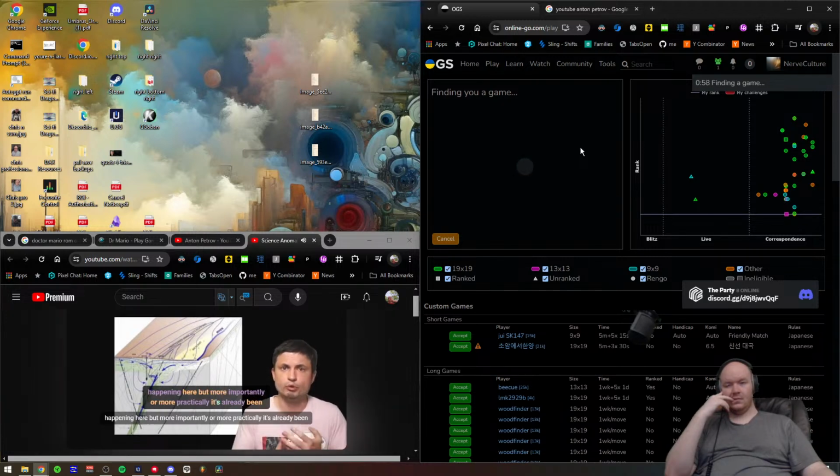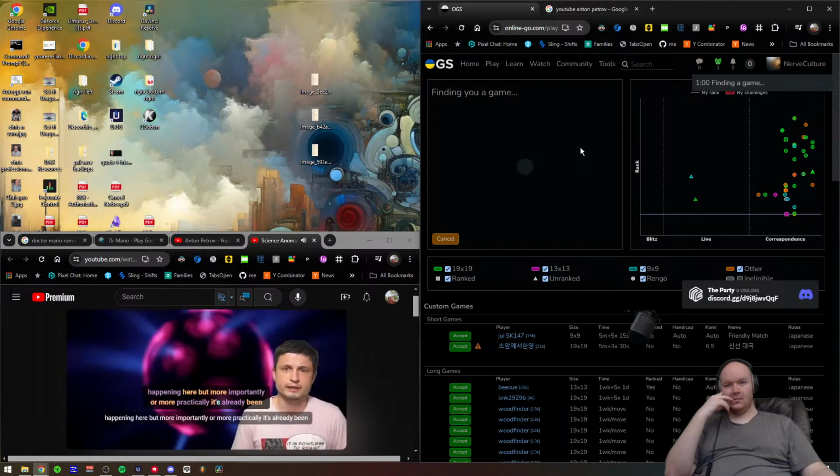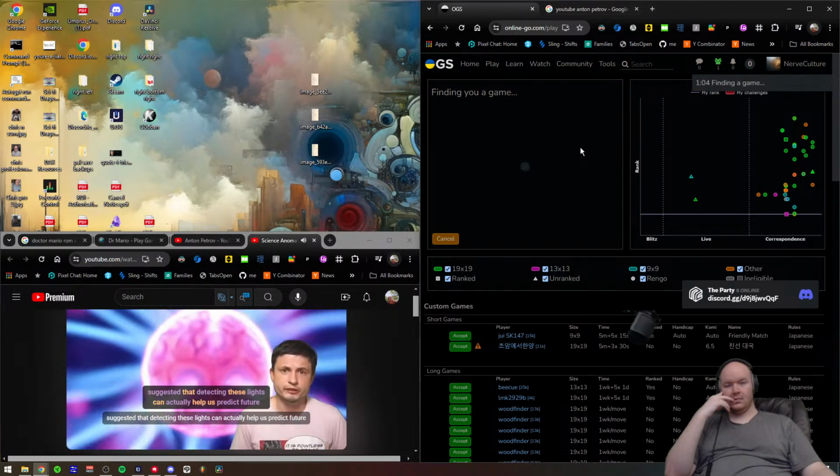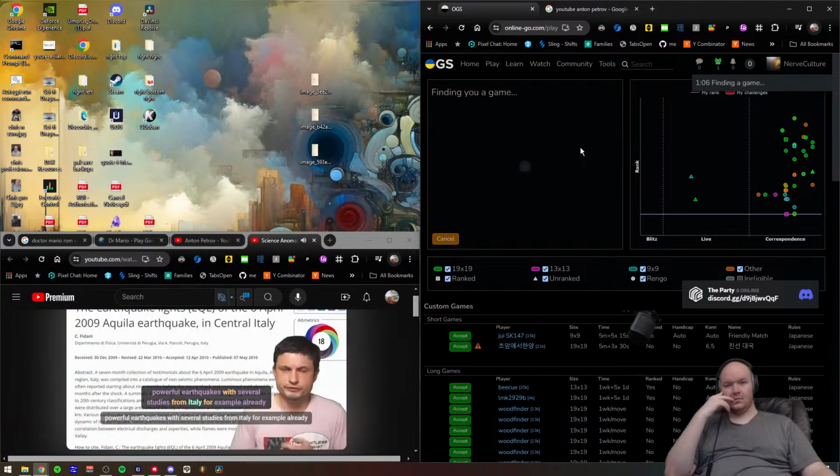But more importantly, or more practically, it's already been suggested that detecting these lights can actually help us predict future powerful earthquakes. With several studies from Italy, for example, already suggesting that it has been done in the past, where people detecting lights and knowing about this phenomenon has actually provided shelter for several other people in their basement, which saved their life.